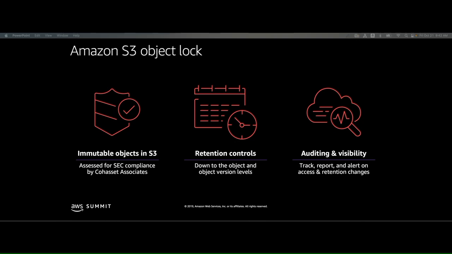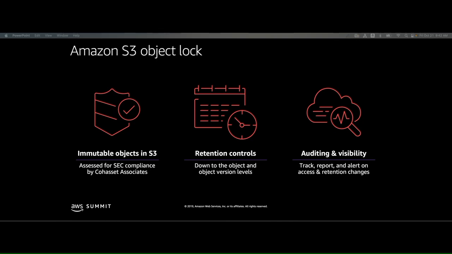This is very important as well, and it's another way that you can protect your objects in S3 even more. It provides two different ways to manage object retention: a retention period and legal holds. Those are the ways that you can retain objects once they're locked.